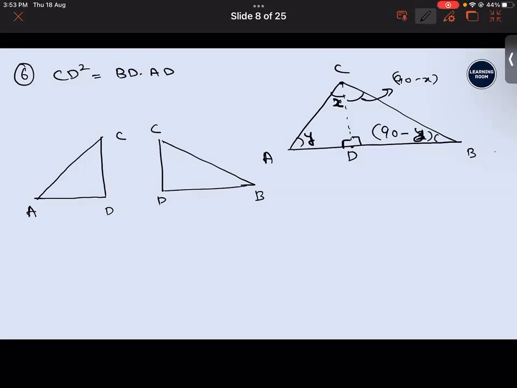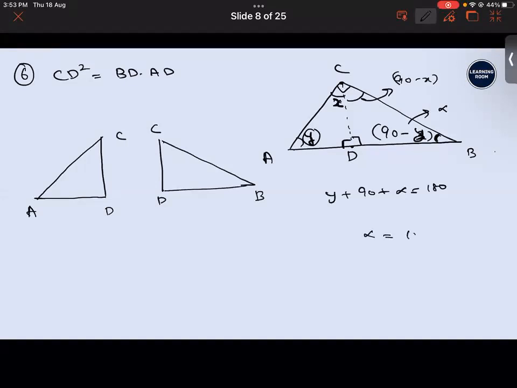Simple, no? If this is y, this whole angle is 90, then how much will this be? If I call this alpha, y plus 90 plus alpha is how much? 180. So what is the value of alpha? 90 minus y. Whenever you have a right angle triangle, the third angle will be 90 minus whatever is the other angle.